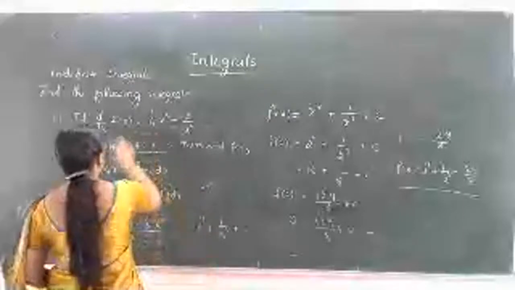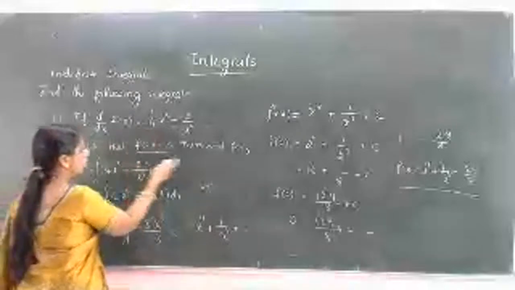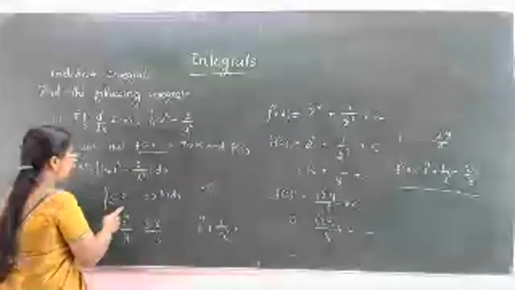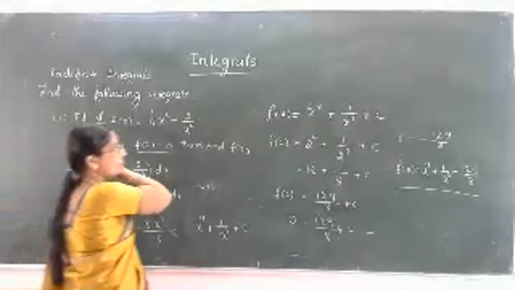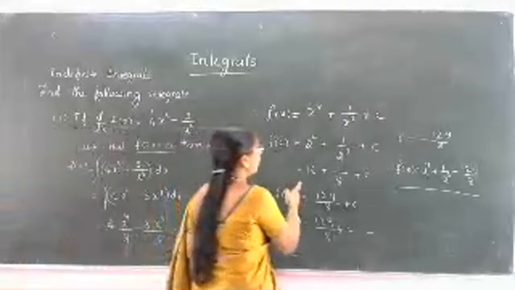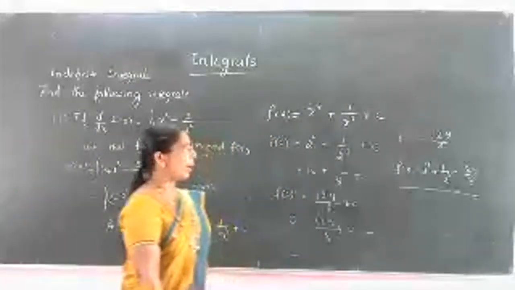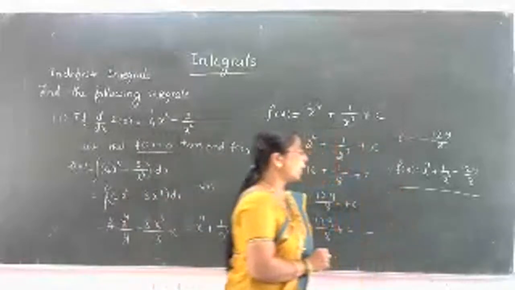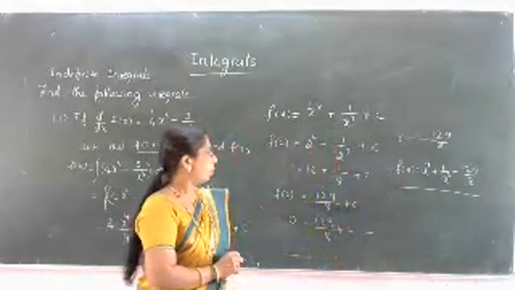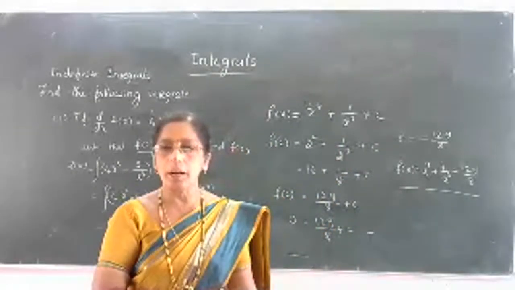First, we find the integration of the derivative, we get the function. Then we substitute the value x is 2. Then we get the c value, which is minus 129 divided by 8. Then we substitute this into f of x, so we get x to the power 4 plus 1 by x to the power 3 minus 129 divided by 8.